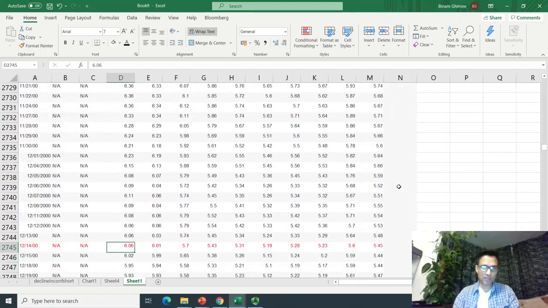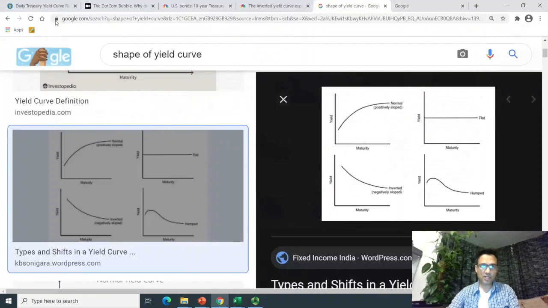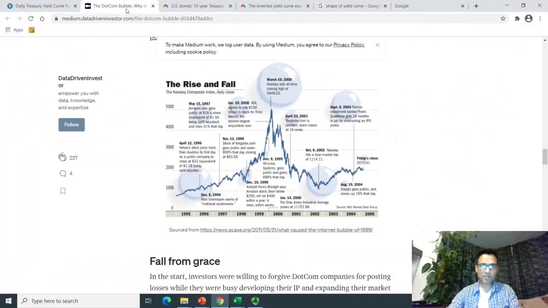I've got December 2000, and you may know that there was a recession caused by the internet bubble, and March 10, 2000 recorded the highest, and soon after that the market crashed.